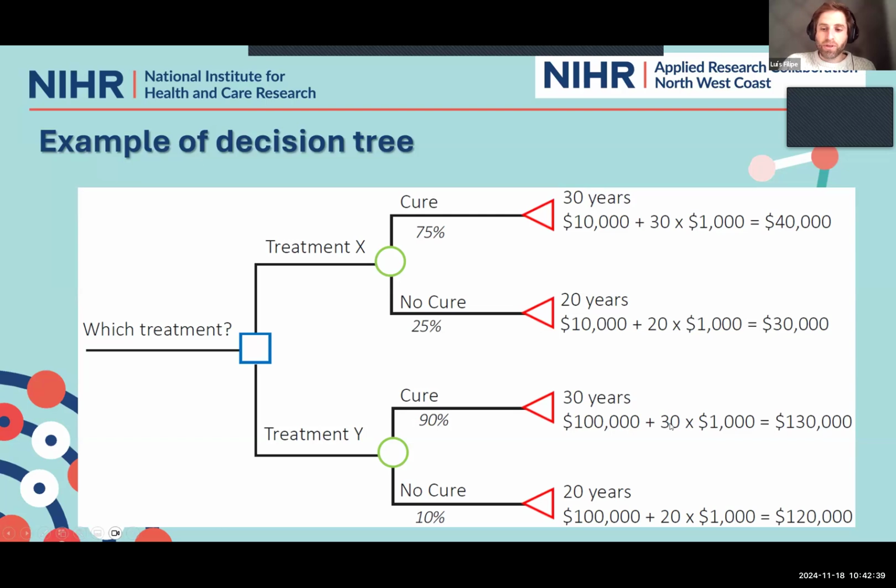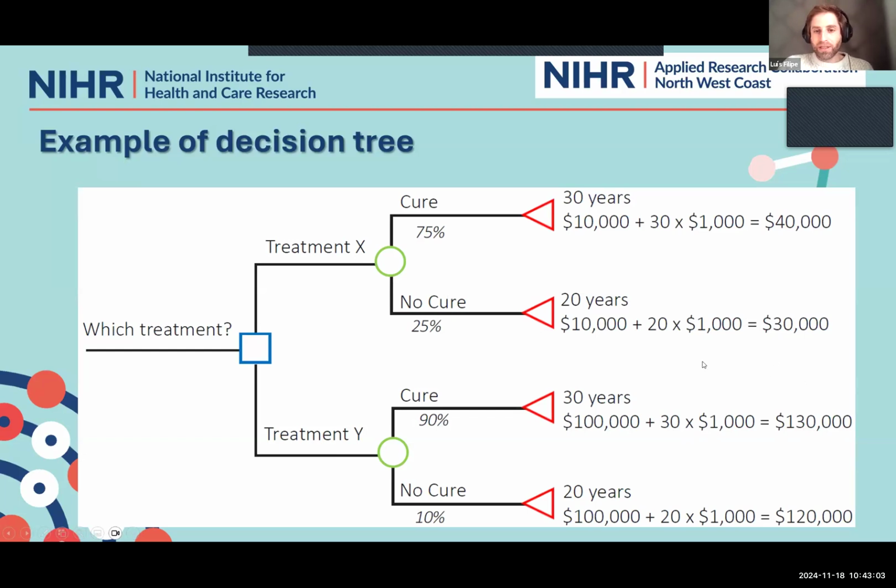So you have these $100,000, and then you sum the 30 years living times this cost of being alive, which is 1,000, and you get this $130,000. Dollars, sorry.